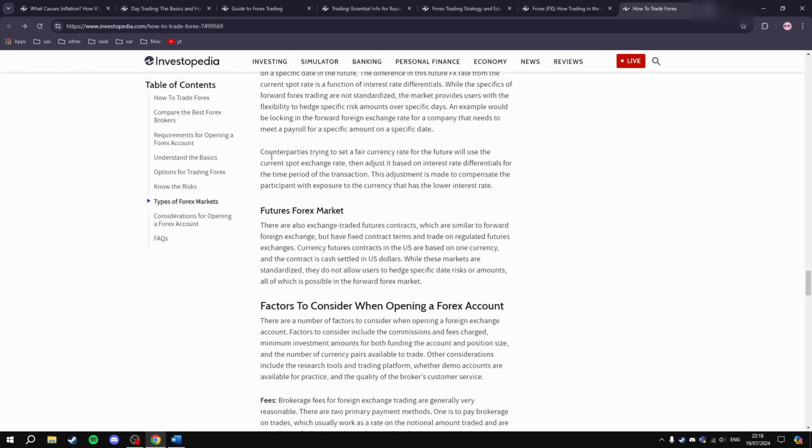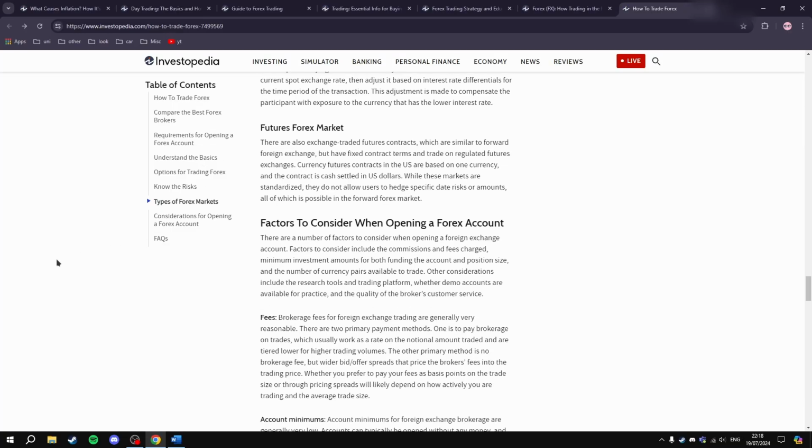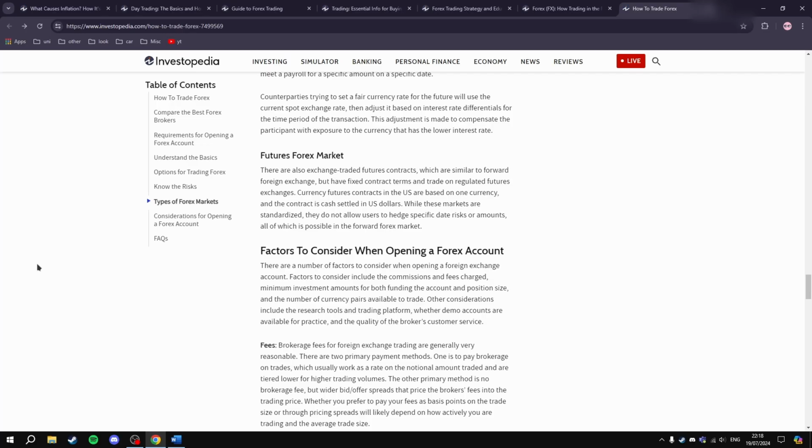So the specifics of forward Forex trading are not standardized, which means market provides users with the flexibility to hedge specific risk amounts over specific days. And then counterparty trying to set a fair currency rate for the future will use the current spot exchange rate, then adjust it based on interest rate differentials for the time period of the transaction.